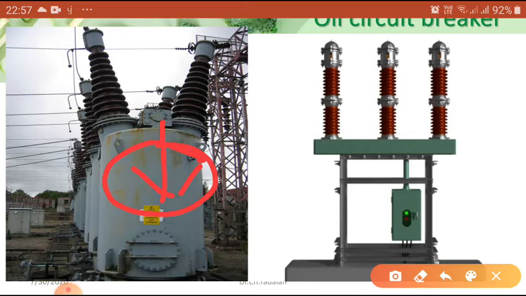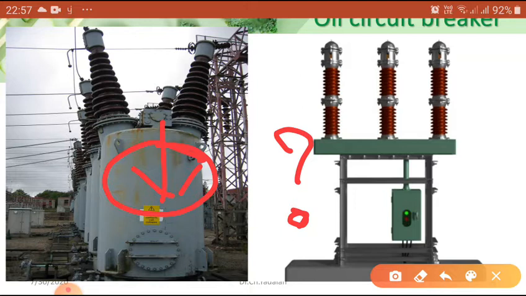Now, what is the requirement of circuit breakers? For smooth operation of any breaker, it should have the shortest time for operation. So whenever a fault occurs, it should trip immediately. Otherwise, if it is not cleared immediately, the fault may persist for a long time.